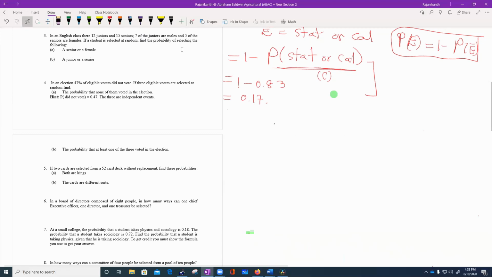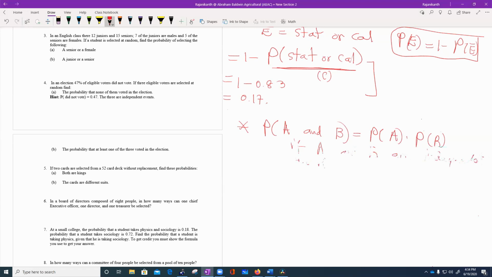Look at your notes under the independence rule. Note that the probability of 2 events A and B is simply the product of the probability of A and the probability of B. So if A and B are 2 independent events, then P of A and B should always equal P of A times P of B. Now check whether this formula gives the correct answer for the problem.